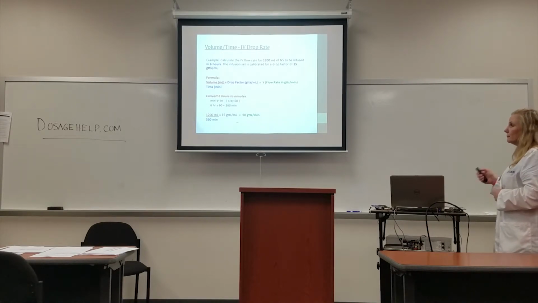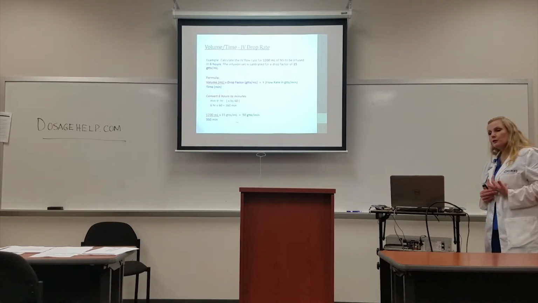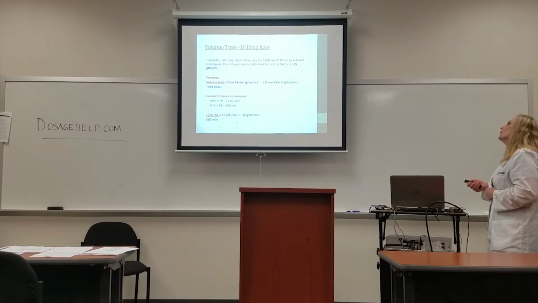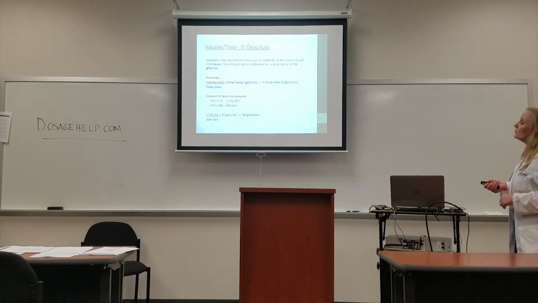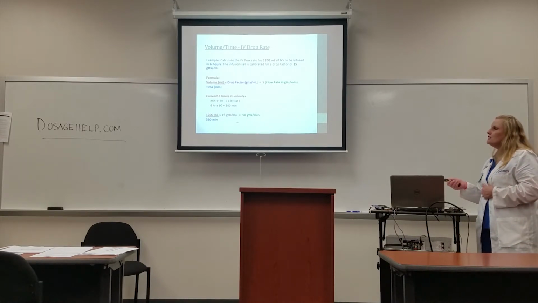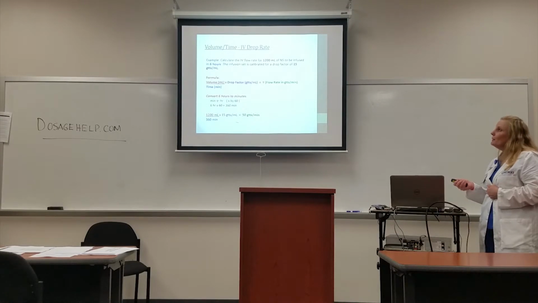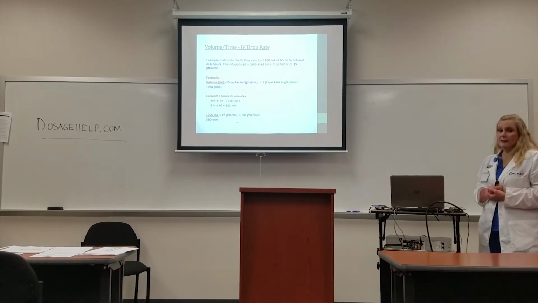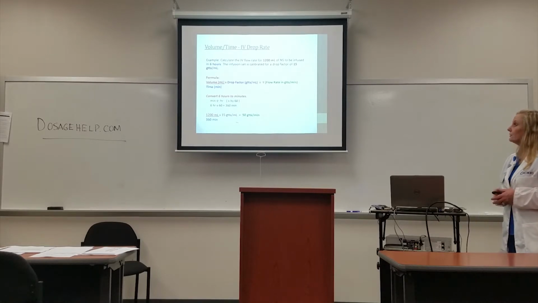If anything goes to the right, it's multiplication. If anything goes to the left, it's division. Simple, easy peasy, right? So 1,200 mLs divided by 360 minutes multiplied by 15 GTTs per mL, my answer is 50 GTTs per minute. So that is my infusion set drop factor rate. That is my correct answer.